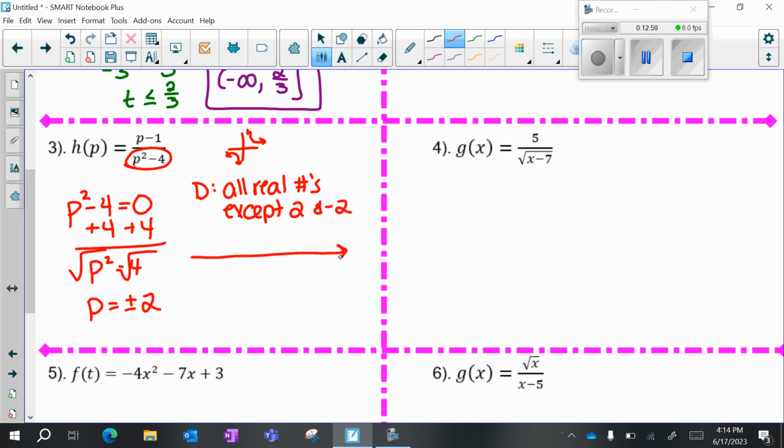So what that looks like on a number line is at negative 2, it's going to be open. At 2, it's going to be open. But everything else is included. So in interval notation, it's negative infinity to negative 2, parentheses, not a bracket because it's not included. And it goes from negative 2 again to 2, and then again from 2 to infinity.